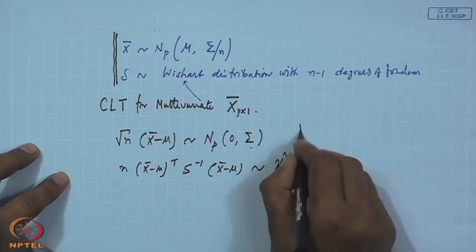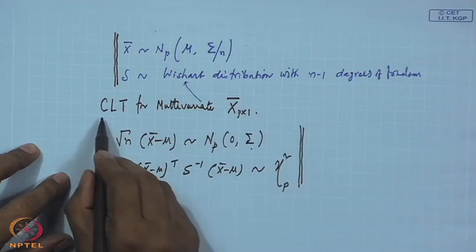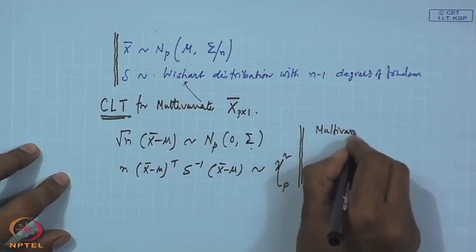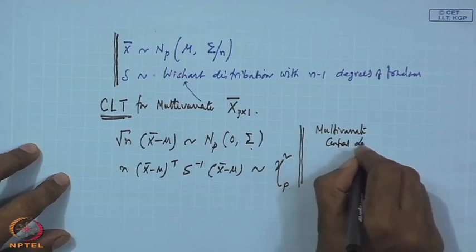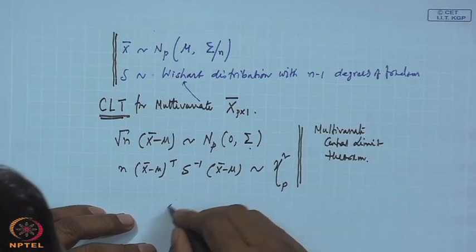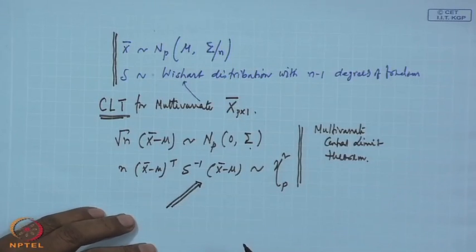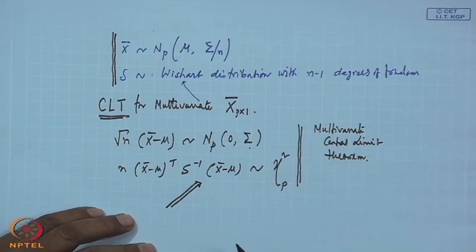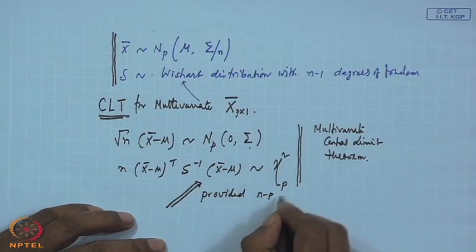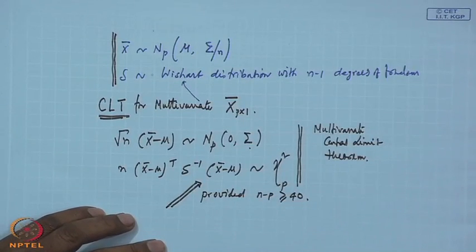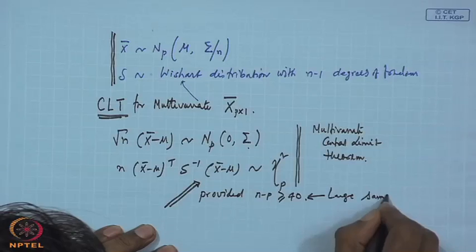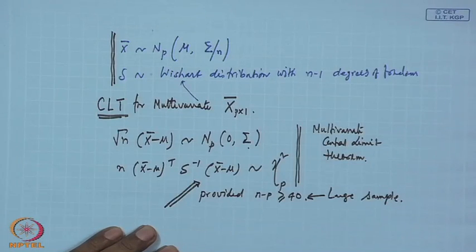That is the multivariate central limit theorem. This second part, that x bar minus mu transpose S inverse x bar minus mu follows chi-square distribution, holds provided n minus p is greater than or equal to 40, that is, a large sample.